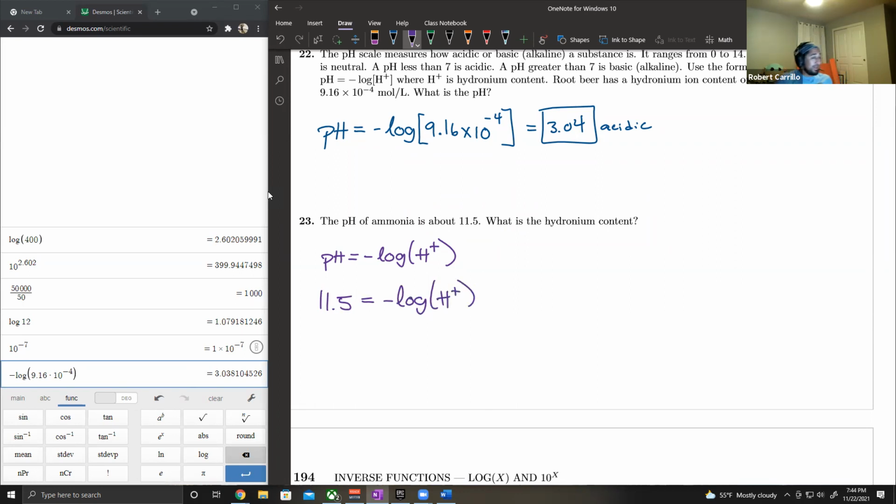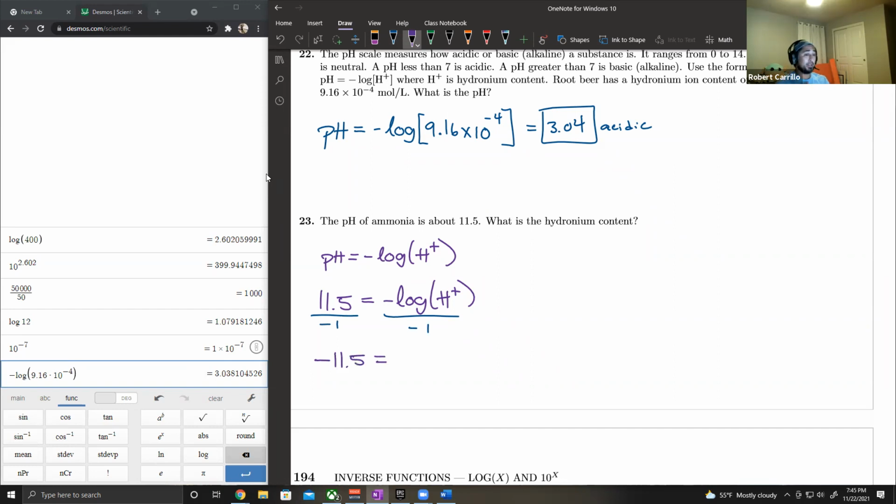So 11.5 is equal to negative log of H. Now our goal is to solve for H by converting from log to exponential. But what is the first thing I have to get rid of? The negative. So you'll divide by -1, and then we'll have negative 11.5.